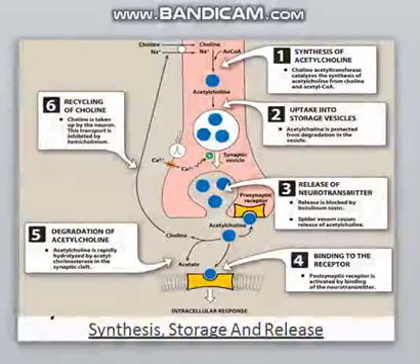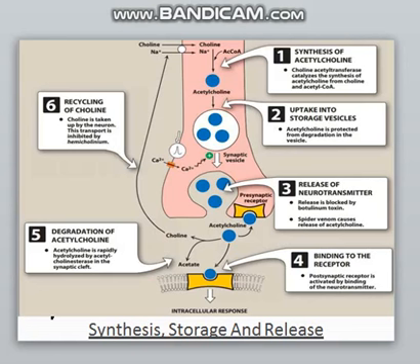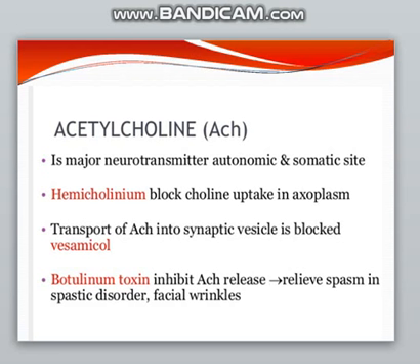After seeing this process of synthesis and release of acetylcholine, we see drugs which act on the synthesis as well as on the release. First one is hemicholinium. Hemicholinium, as the name suggests, hemi means half, so it is half as good as choline.